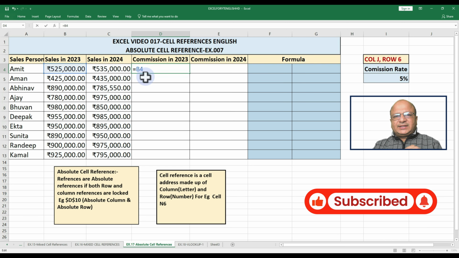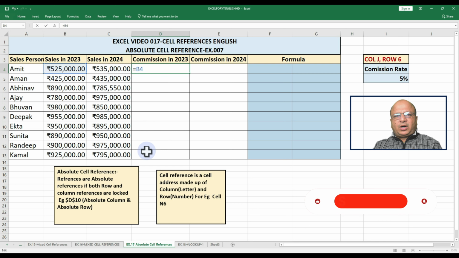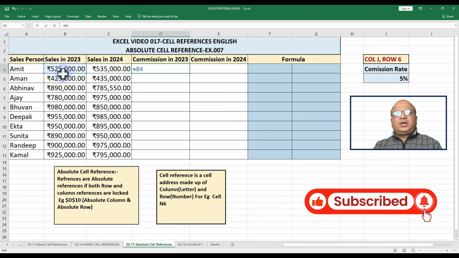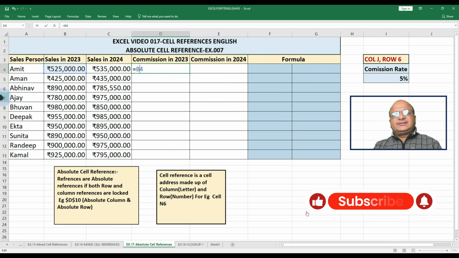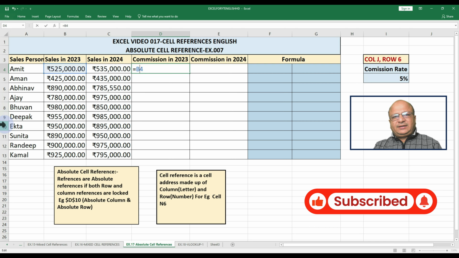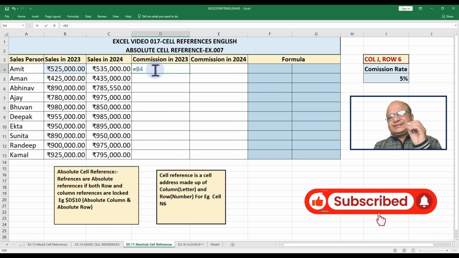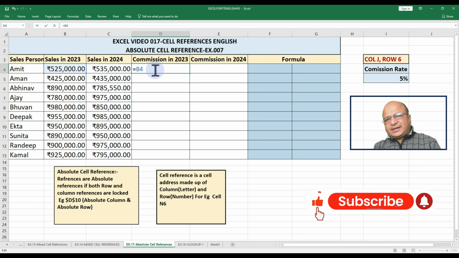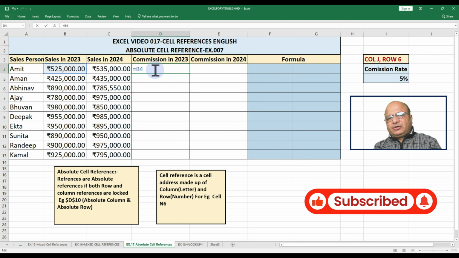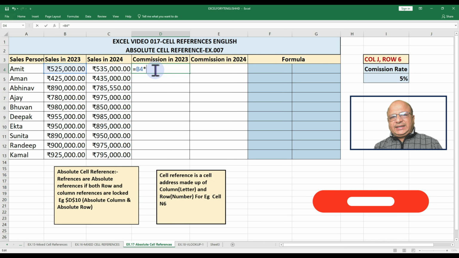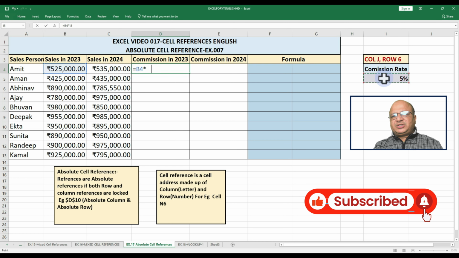As we are copying this formula from top to bottom, we want the sales of Aman to be fetched in the next cell, meaning we want the row reference to be incremented. So we will keep this cell address as a relative cell reference, that means a relative column reference and a relative row reference. Multiply by this commission rate.